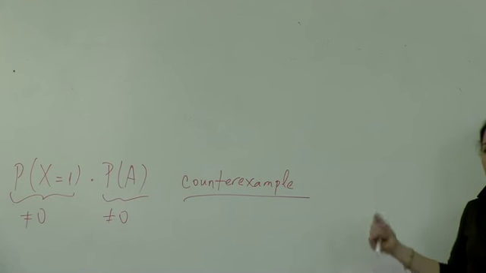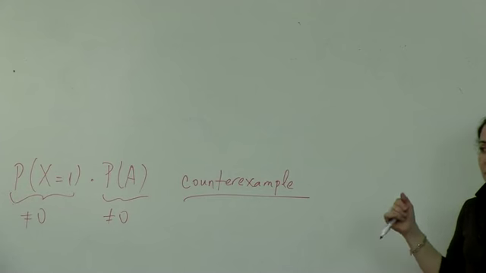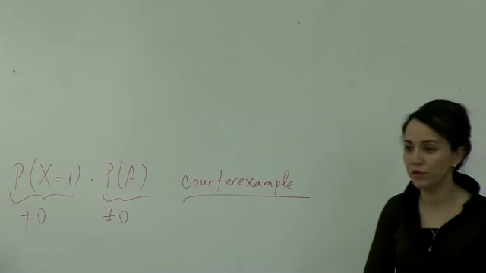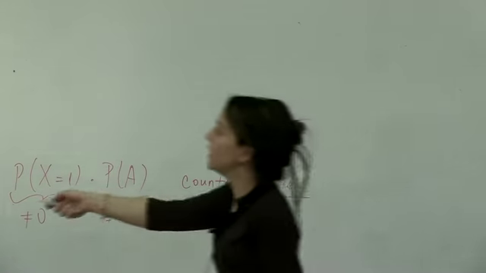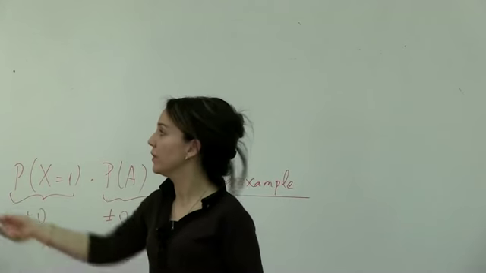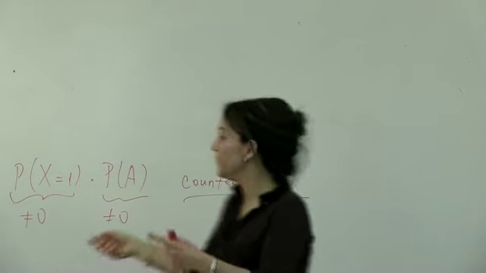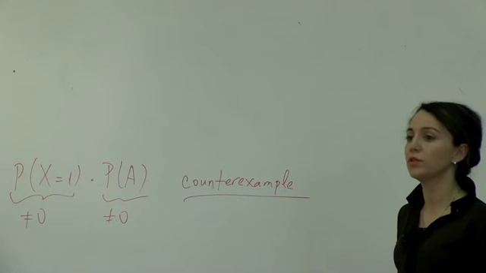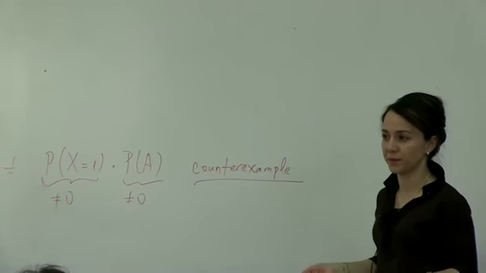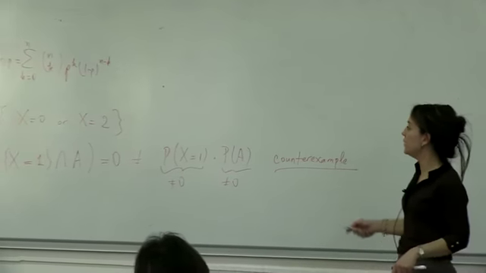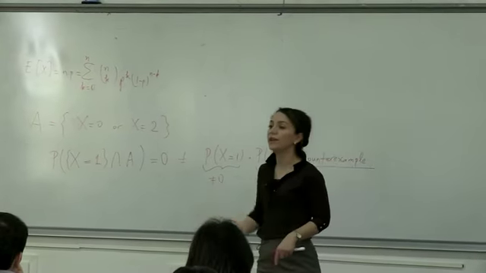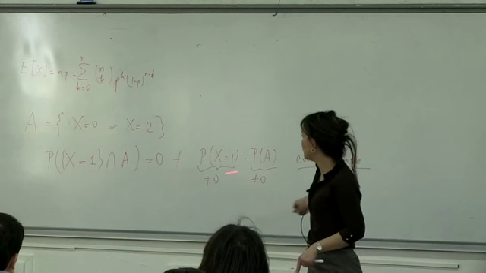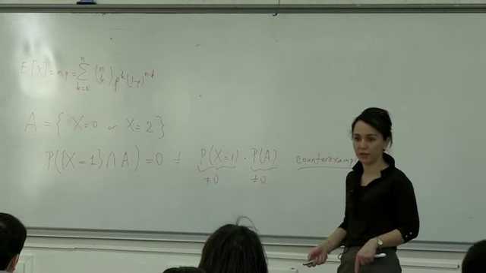One counterexample is enough to show that independence does not hold. Why? Because in order for independence to hold, this has to be true for all values of x. So if this is not true for any one value of x, it's enough to show that independence is violated. On the other hand, if you believed that X and A were independent, you would have had to show that this equality holds for every possible value of x.